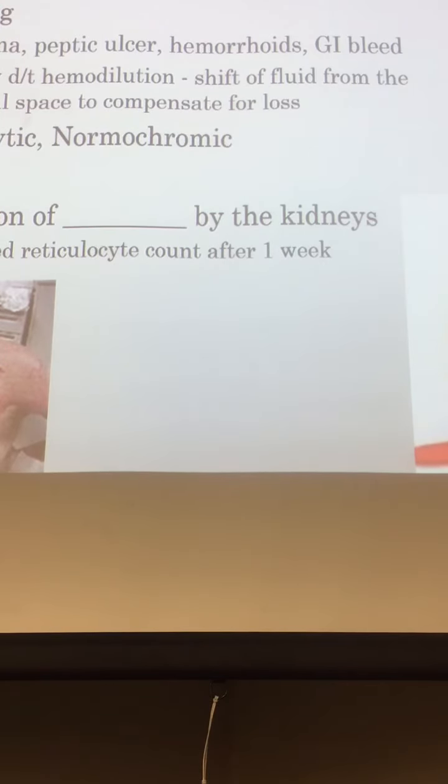For those of you that weren't looking, it is EPO, or erythropoietin. It's produced in the kidneys, and it's going to have an effect in the bone marrow, making more red blood cells. About a week after it kicks in, you're going to have increased reticulocytes, or ret count, they call it.